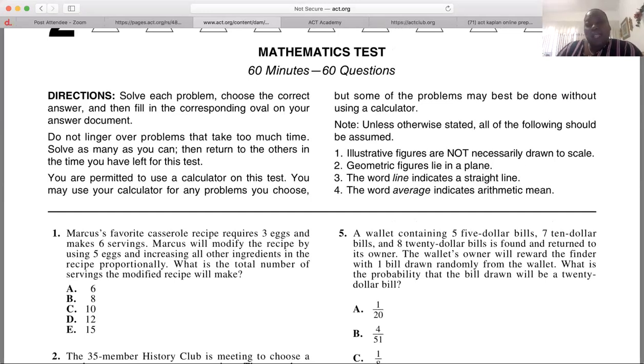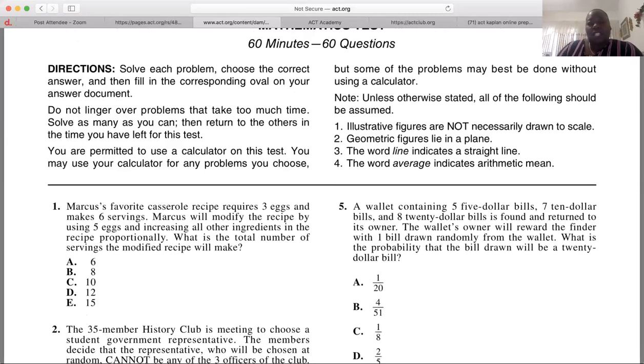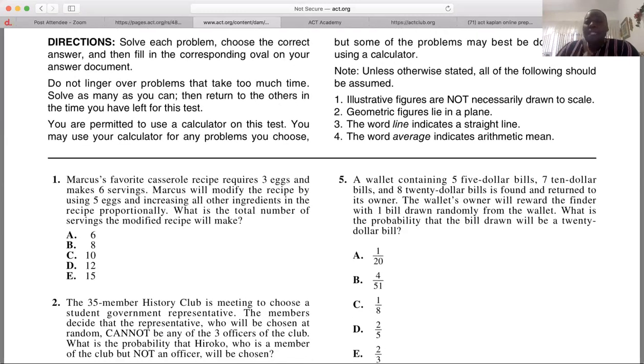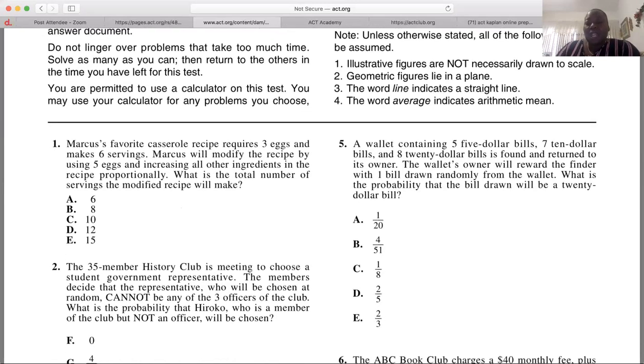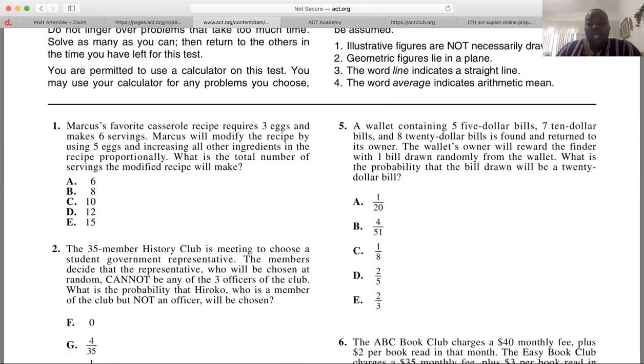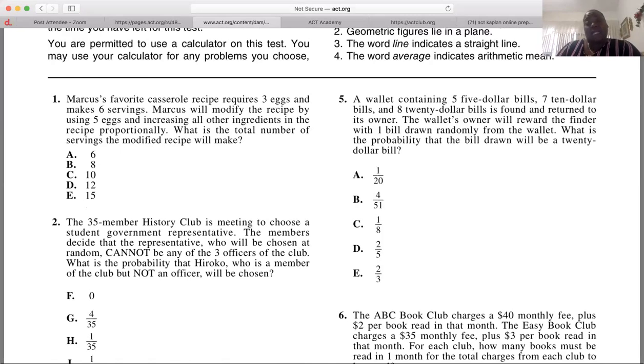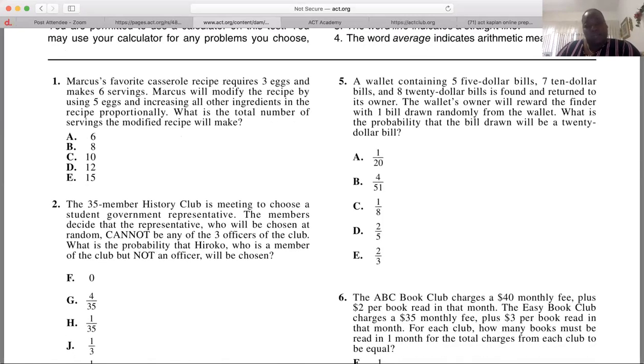In the mathematics section, we're looking at 60 minutes, 60 questions. How much time do we have? 1 minute per question if we choose to answer all of the questions. Now, there'll be some questions that you can answer in less than a minute, and that's great because you'll need to save that time for those other questions that will take you longer than a minute.